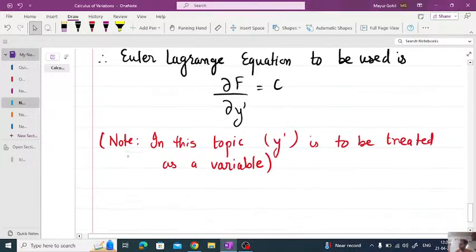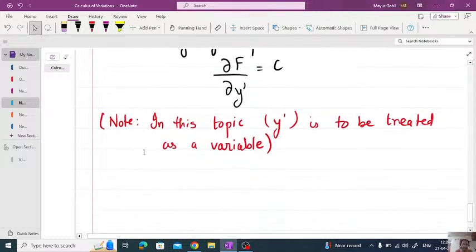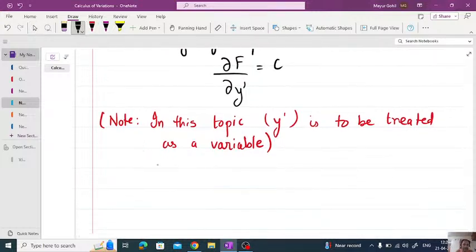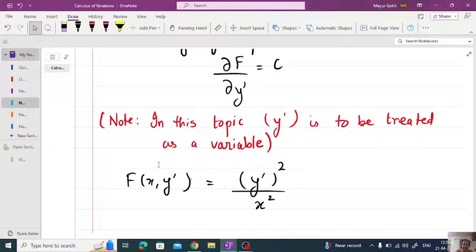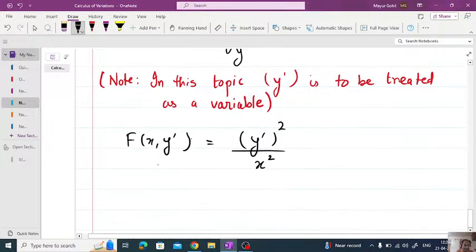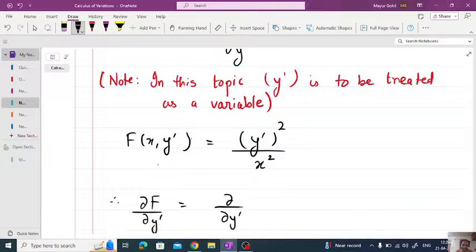So now I take the partial derivative of the function. I have f of x comma y dash as y dash square divided by x square. Do the derivative with respect to y dash, so the partial derivative of f with respect to y dash is the partial derivative of (y dash)^2 divided by x^2.